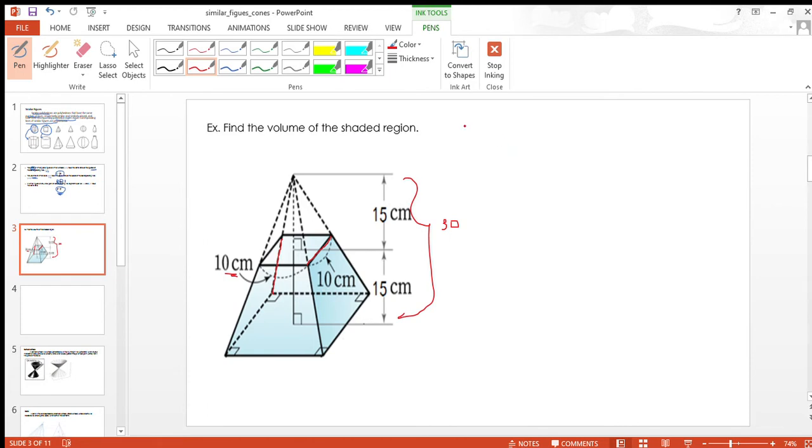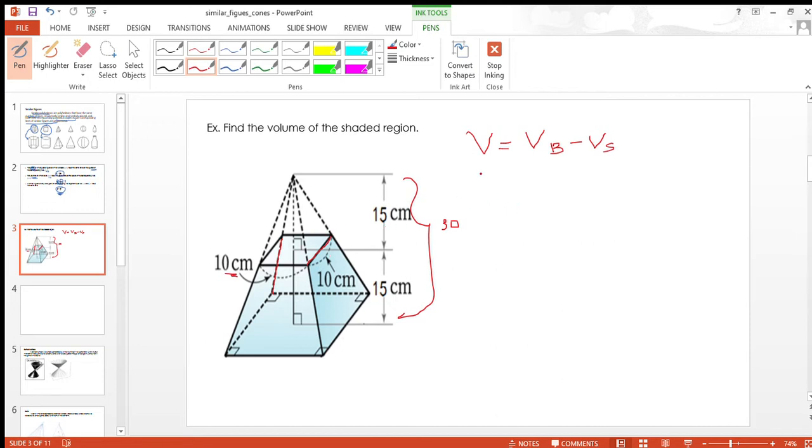So if we will consider the volume of the shaded region, volume will be actually the volume of the bigger pyramid minus the volume of the smaller pyramid. Agree? Get the volume of the bigger pyramid minus the volume of the smaller pyramid, then you will get the volume of the shaded area.